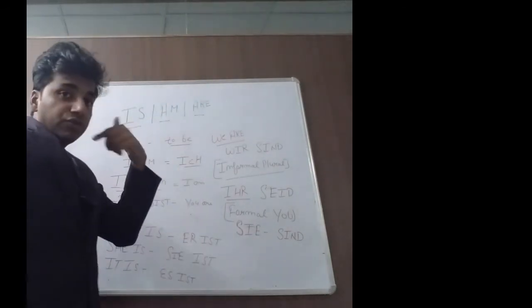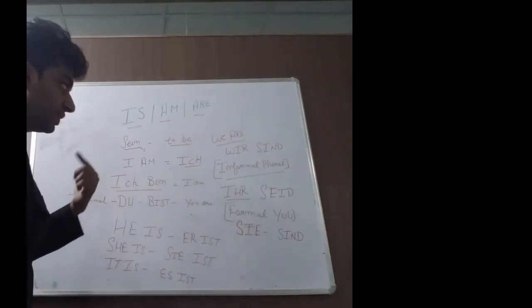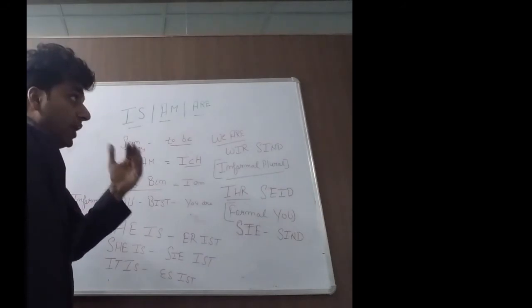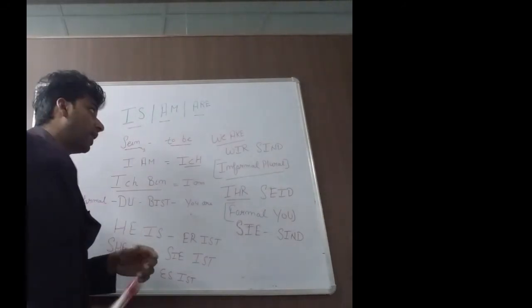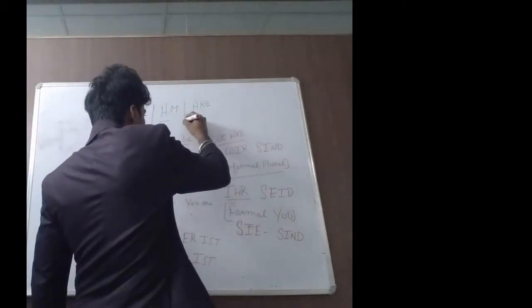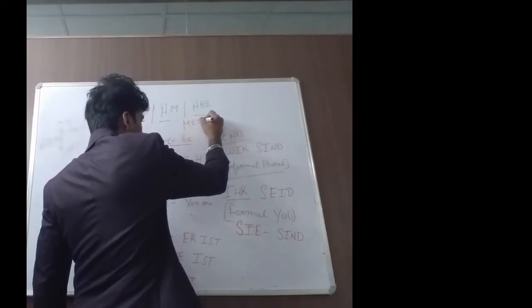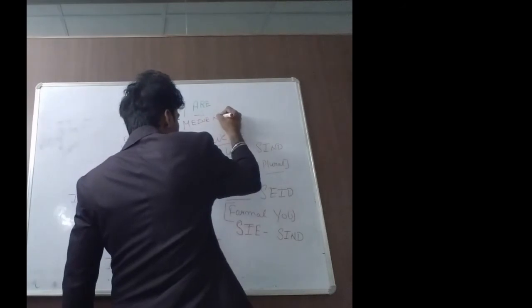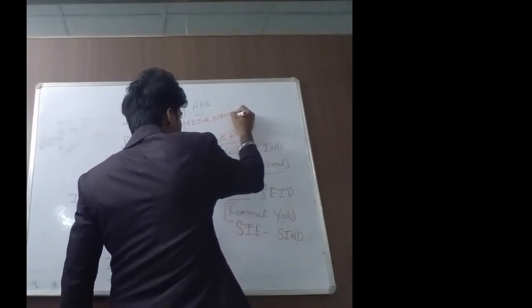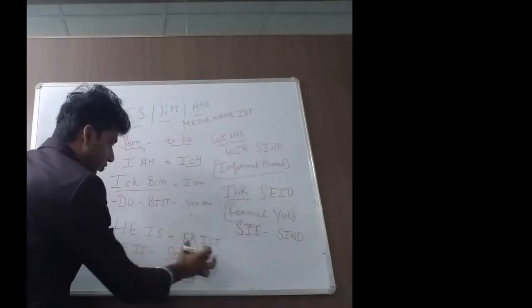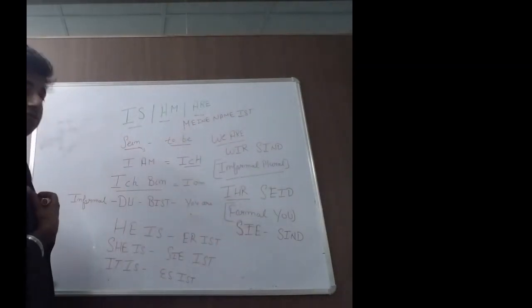So now you just recollect the phrases which I have explained to you. We have my name is. What have we applied? Mein Name ist. We have applied this conjugation because it's "my name is."